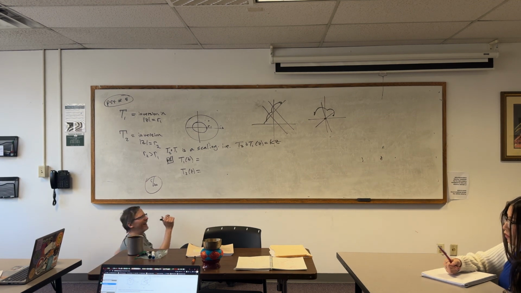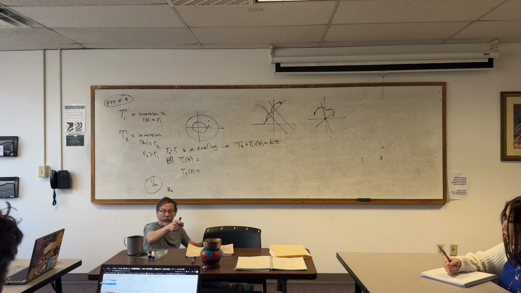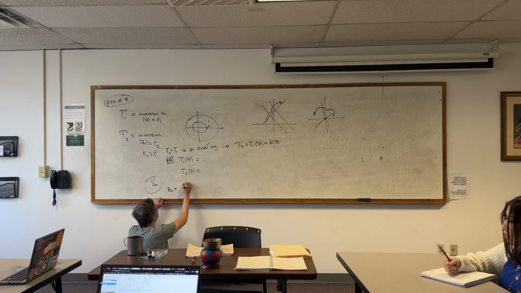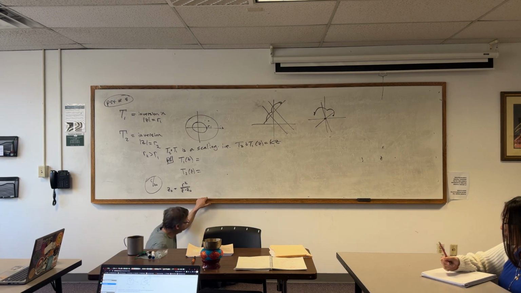I want to say it's C, Z conjugate. No, the actual formula for cranking out the inversion. R squared over Z minus Z naught, conjugate. There you go. Yes, thank you, friend. Good job. You're off the hook for the rest of the day.